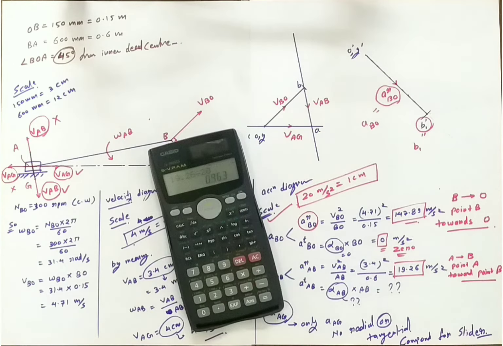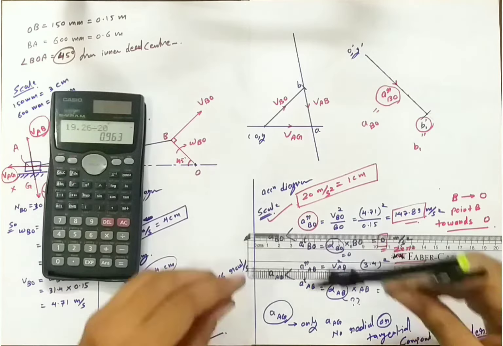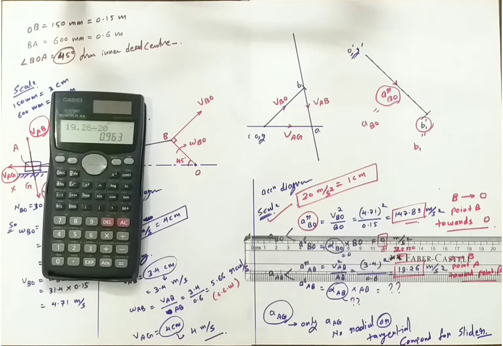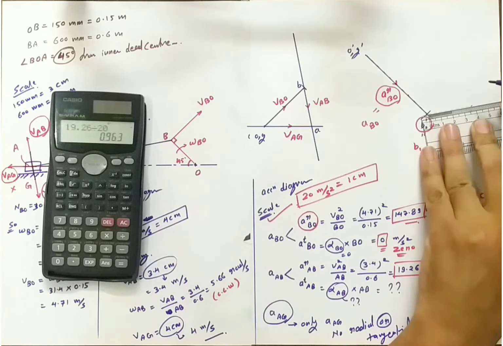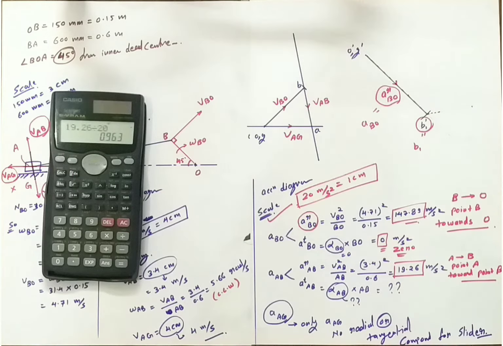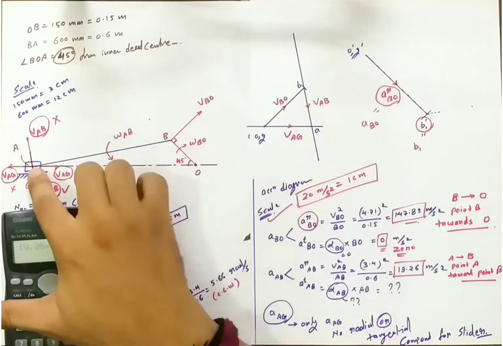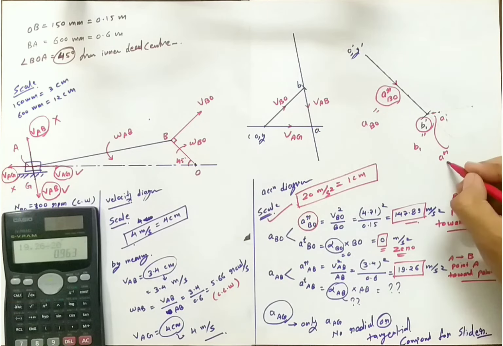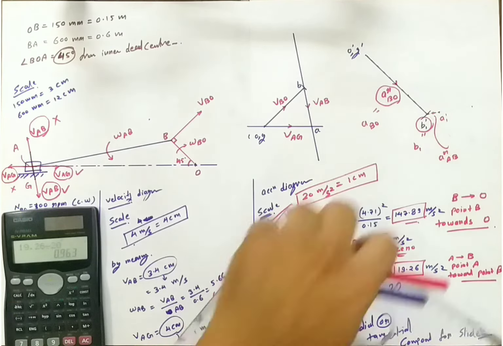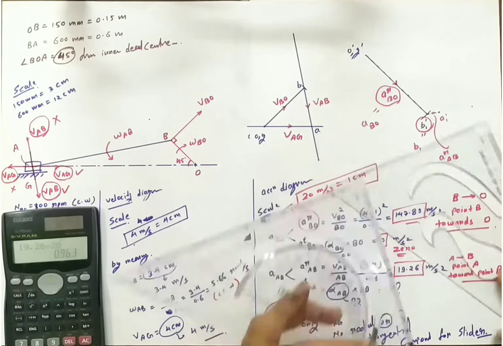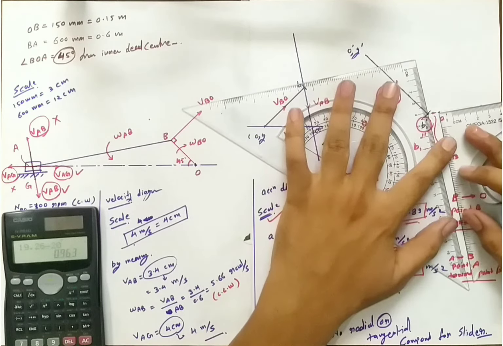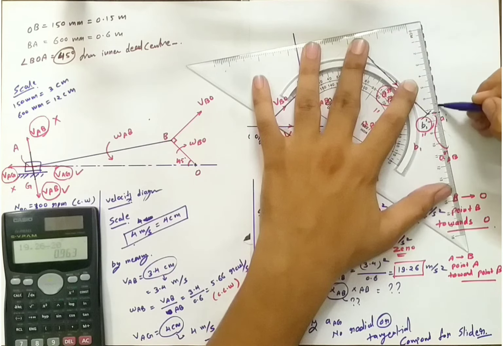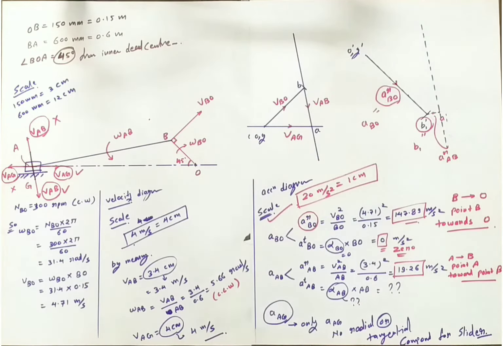So we'll mark this 0.96 centimeter. This is the radial component of link AB. Now we'll go for the tangential component. As we don't have any magnitude, we will go for only direction, 90 degree to the radial component in both directions. So AB is completed.